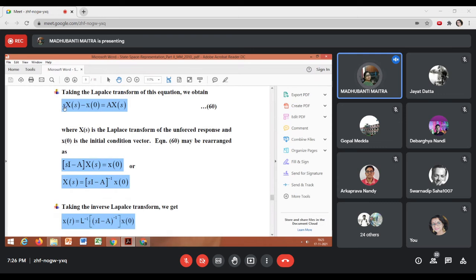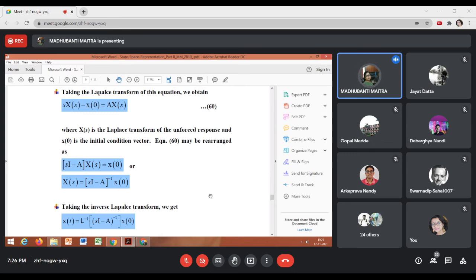So in the left hand side, we'll get s X(s) minus A X(s), and in the right hand side, we'll get x0. If you want to subtract A X(s) from s X(s), then along with s, we'll need an identity matrix with dimension n by n, and in the left hand side, we'll get (sI minus A) X(s), and the right hand side will be equal to x0.